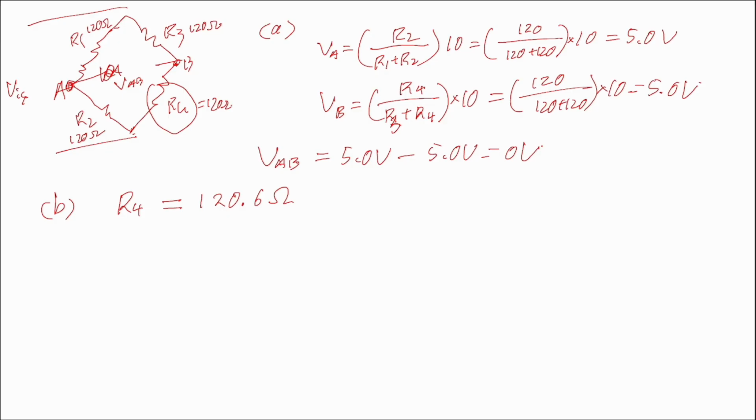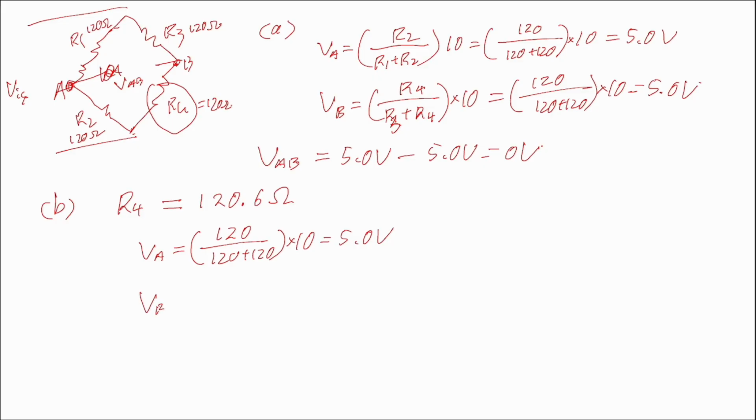And let's see in this new condition, what is the voltage across A and B. So under the same condition, V_A, of course, won't change. It's still equal to 120 over 120 plus 120 times 10, equal to 5.0 volt.